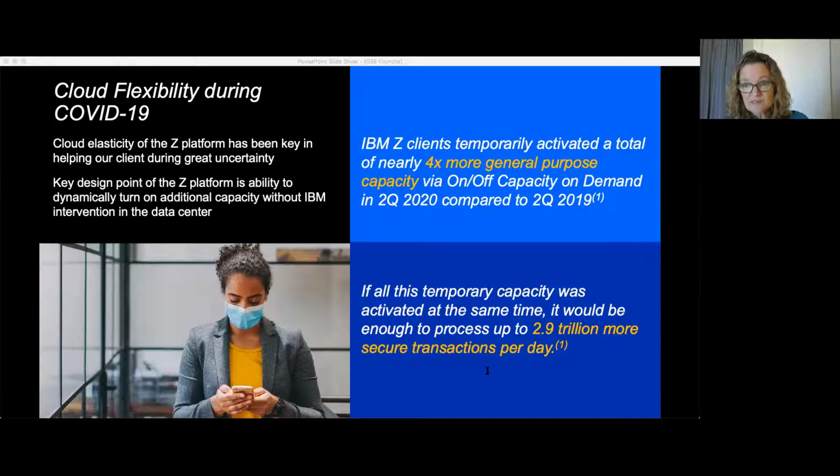In fact, IBM Z clients temporarily activated a total of nearly 4 times more general purpose capacity through capacity on demand in second quarter 2020 as compared to the same time last year. So the ability for businesses, once again, to leverage the investments that they've already made and take advantage of the key design point to be able to dynamically turn on needed capacity ensured the delivery of their services to their clients when they needed it the most.